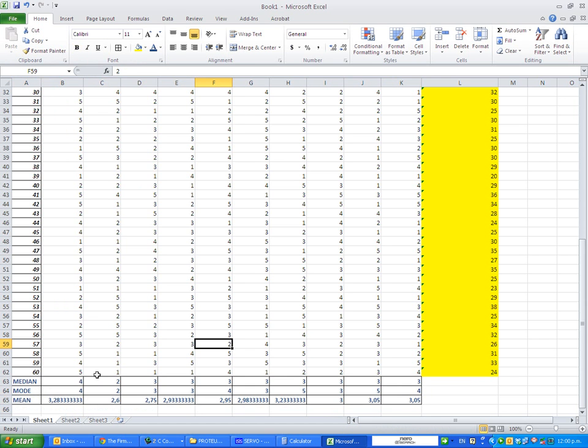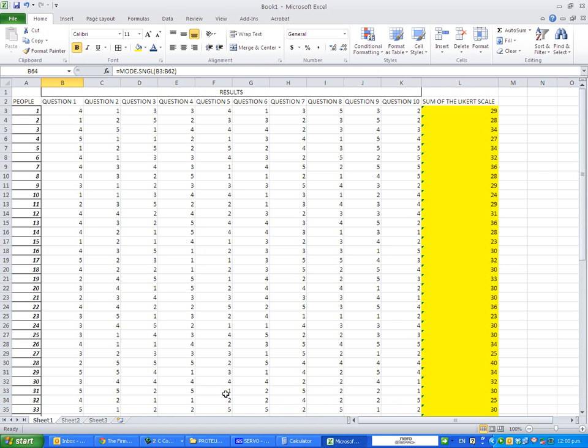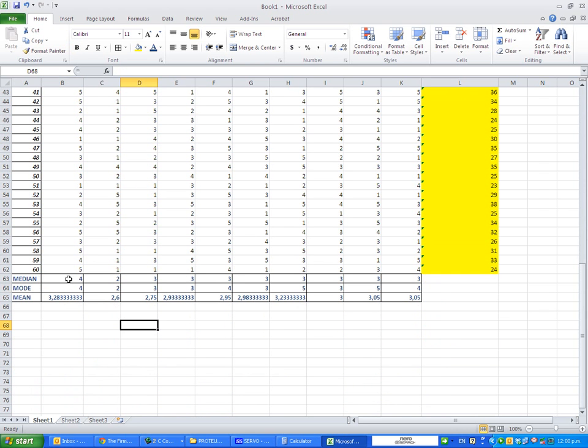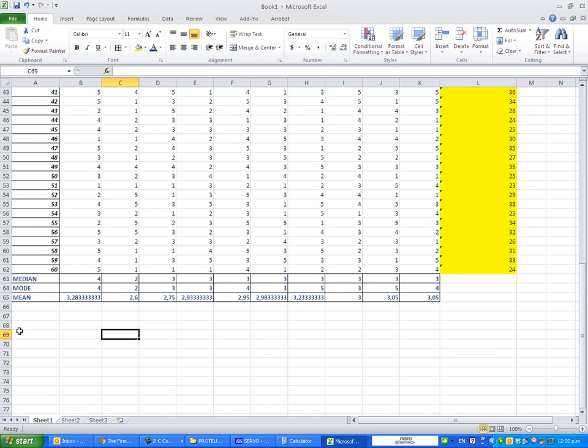We have this information, the median, the mode, and the mean, because this is going to help us analyze after we have all this information and see where we're heading. What you have to do is analyze each thing by question. So we have these 3 measures of central tendency.